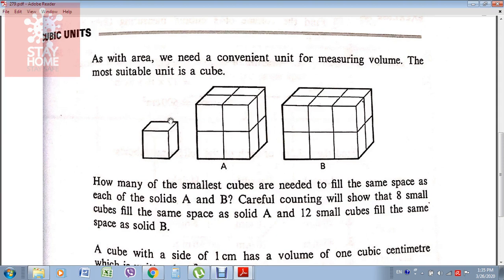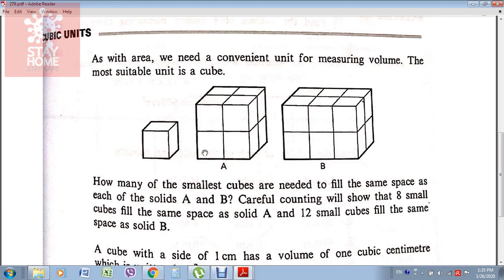This is one cube. In A, how many cubes are there? One, 2, 3, 4, 5, 6, 7, and 1 behind this, which we cannot see.